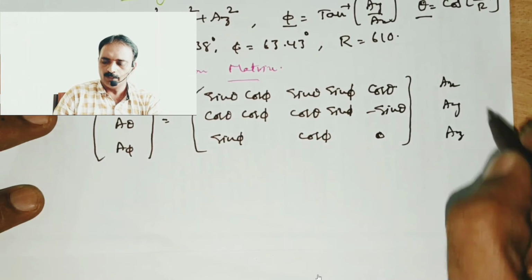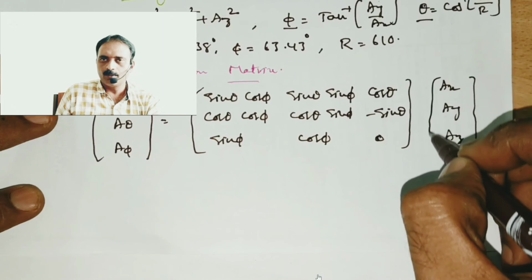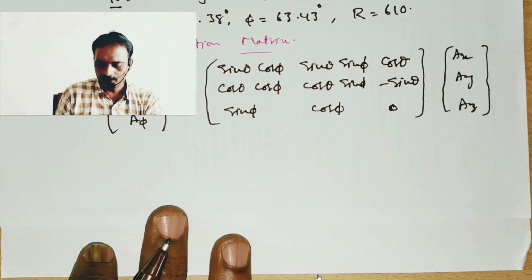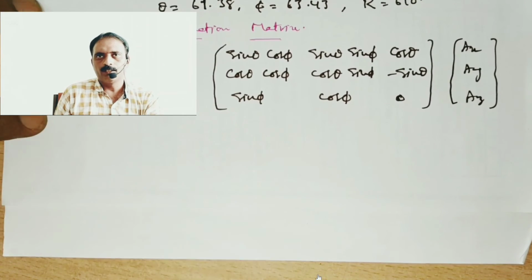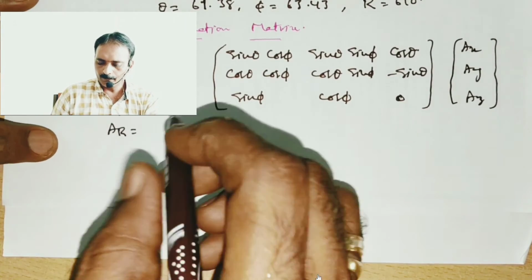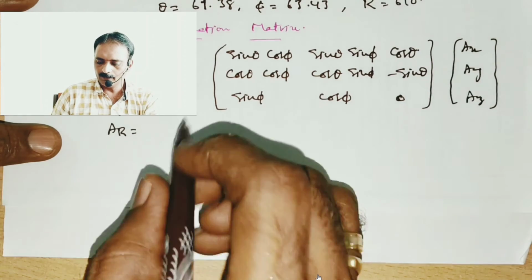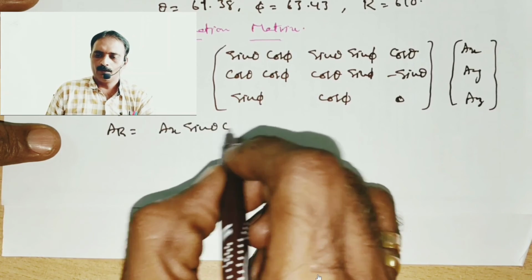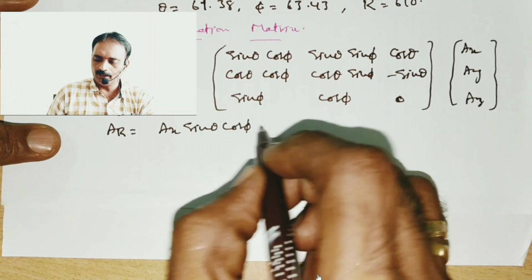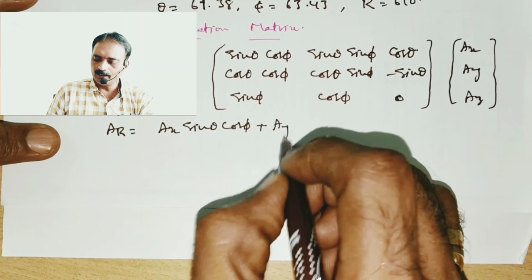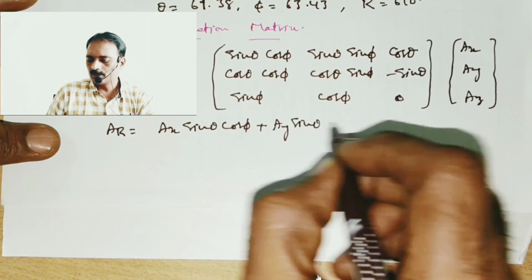The simple thing is we have to do the multiplication process here in order to get Ar, the first coordinate in the spherical system. Ar is equal to Ax multiplied by sin theta cos phi plus Ay into sin theta sin phi plus Az cos theta.